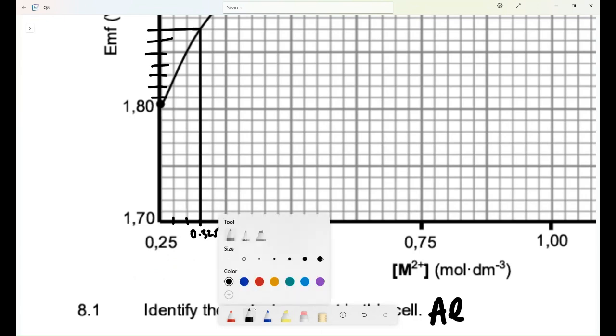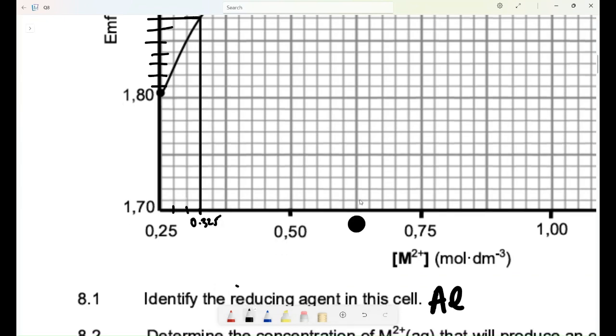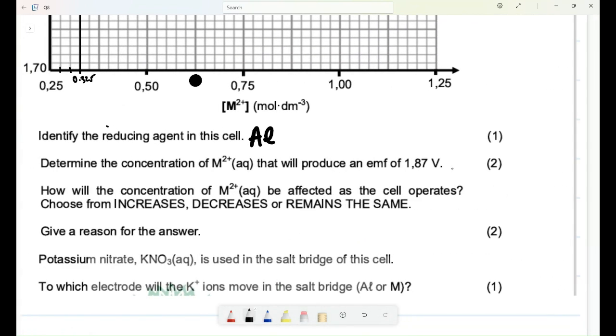So the answer here is 0.325 mole per decimeter cubed.